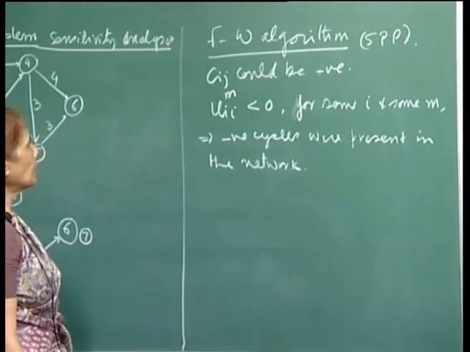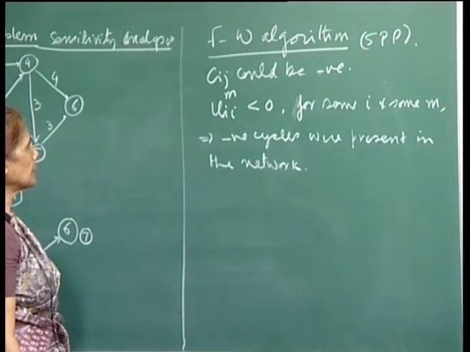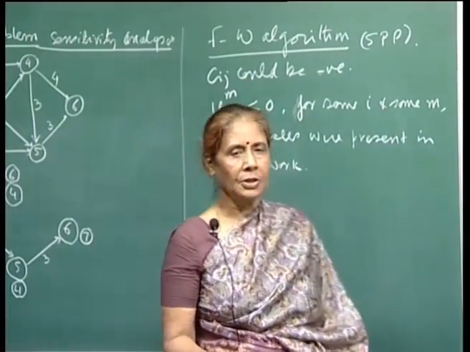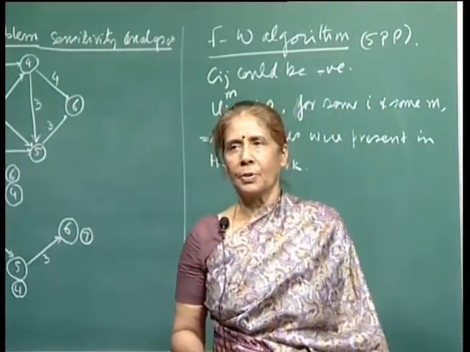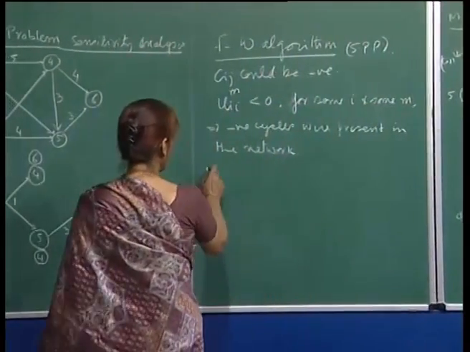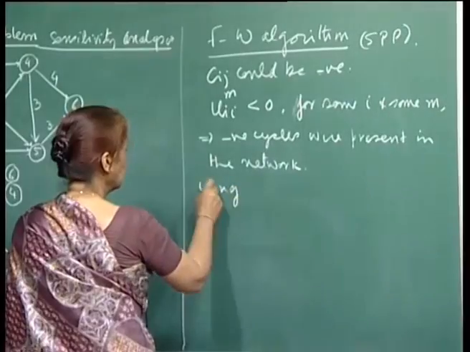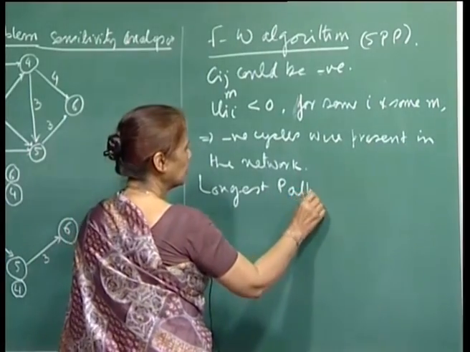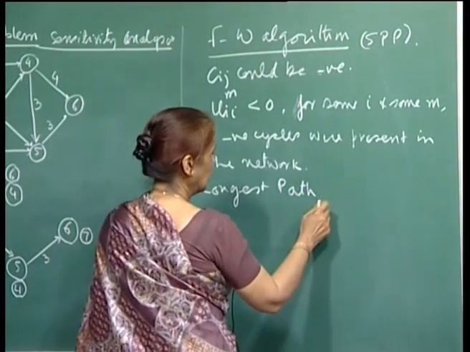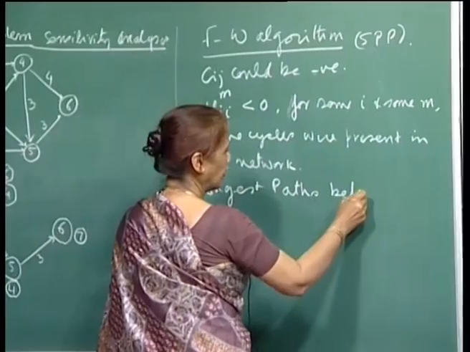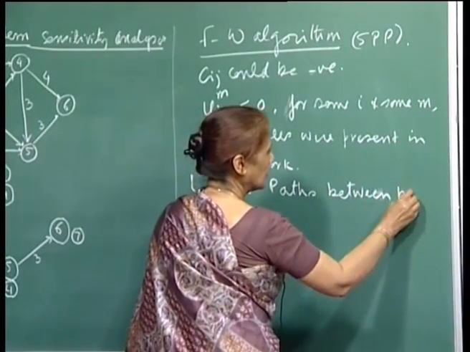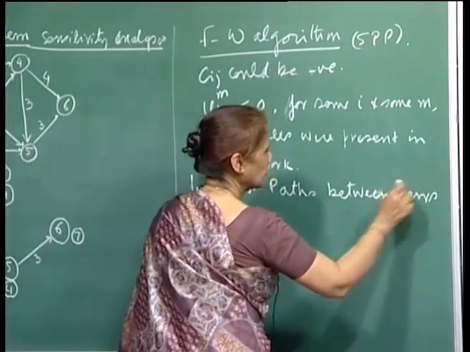Okay. So, now there is another problem related to the shortest path problem, and that is the longest path problem. Okay. We will discuss the problem sometime later, in which we really have to compute longest paths between pairs of nodes.